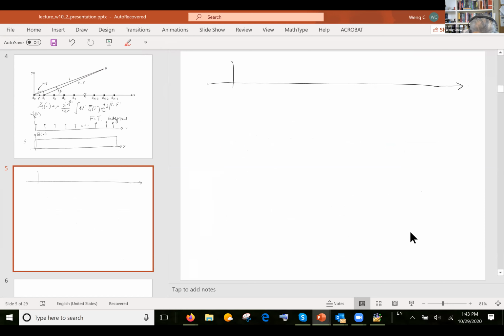Okay, an impulse train will look something like this, which is repeating itself, going to infinity, and then here it repeats itself. This is an infinite impulse train.